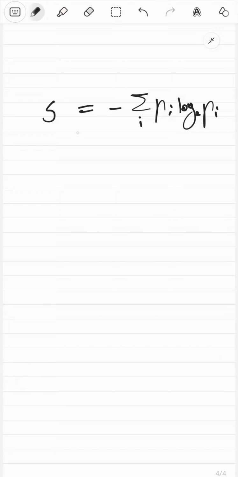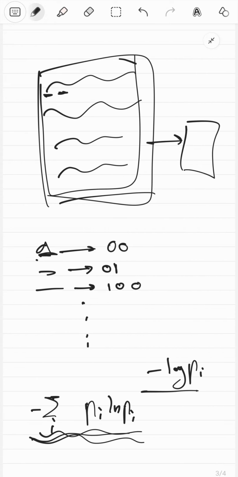Now from there you can define another quantity called the information. And the information is essentially what's the worst case entropy, the biggest entropy that you could have? That essentially happens when each of these pi values are exactly the same, right? In that case, each of these characters would need the same number of bits, because you cannot give fewer bits to the one with bigger frequency.